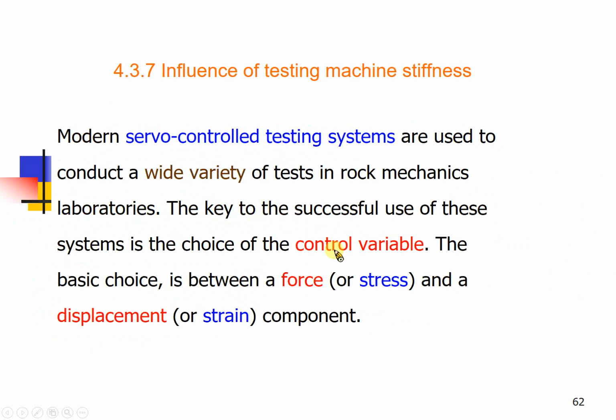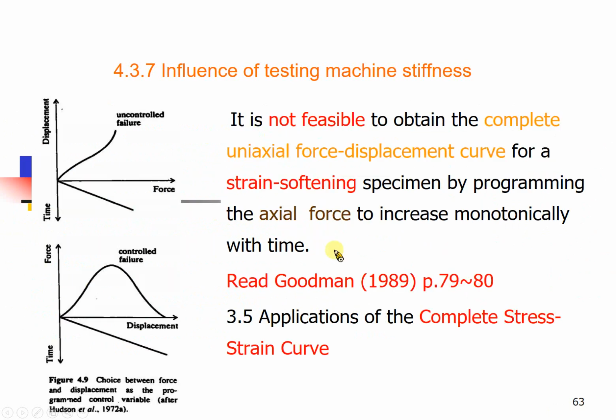So if you understand the performance of the material, then you can make your servo control to get very good testing results. If you have a brittle material, or if your material is strain softening, then it will be very hard for you to get the complete stress-strain curves.